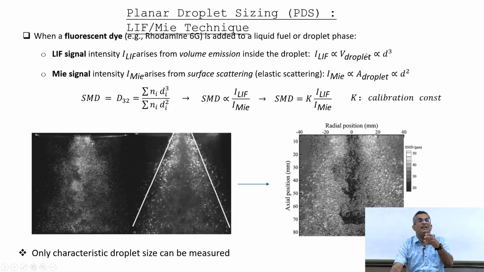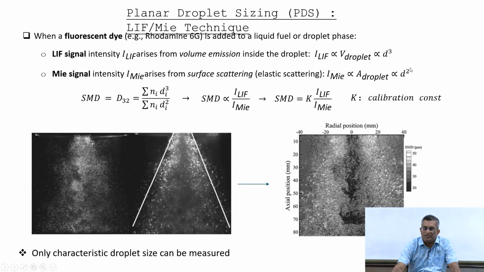Why? It is a volumetric emission technique, which means that while the scattering occurs only from the surface of a particle, laser induced fluorescence occurs through the volume. So the emission occurs from the volume. That is why it is proportional to d cube, while in the case of Mie images, the intensity is proportional to d square.